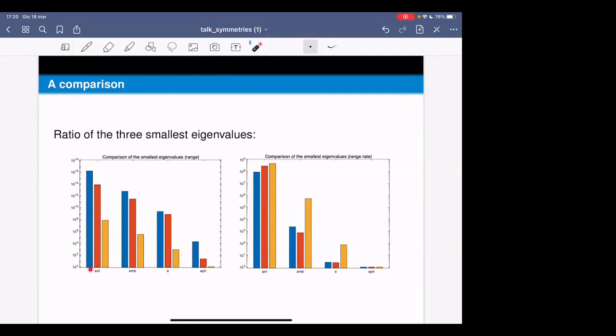And as you can see, these are the four cases for the range and for the range rate. So the ephemeris does not change the eigenvalues much, whereas the antenna appears to give the greatest perturbation and appears to destroy the symmetry completely.